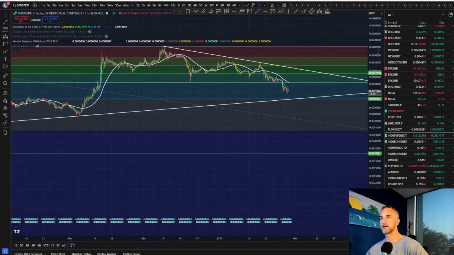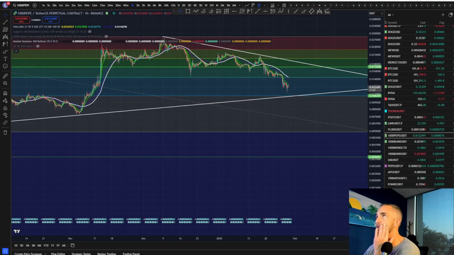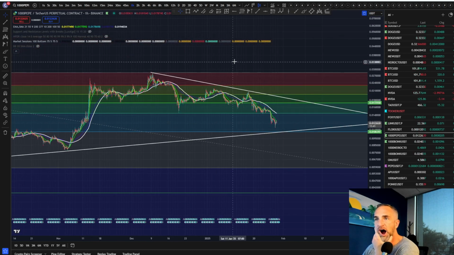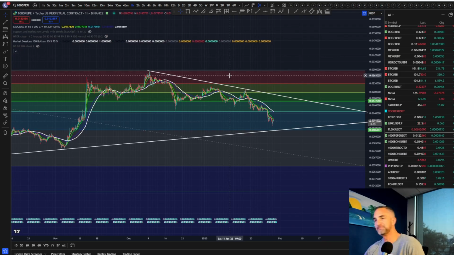So zooming it out on the hourly, probably takes one more swipe down. Even though it looks like Bitcoin is gearing up for a move to the upside.